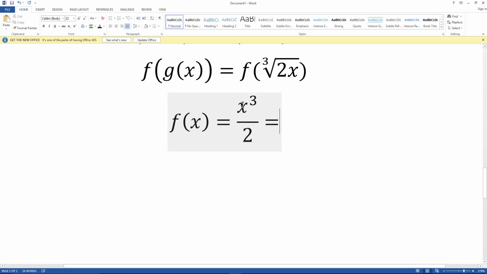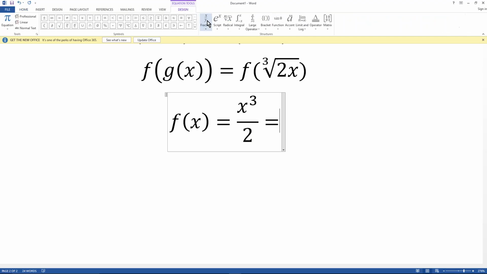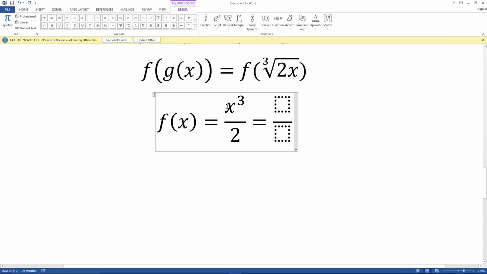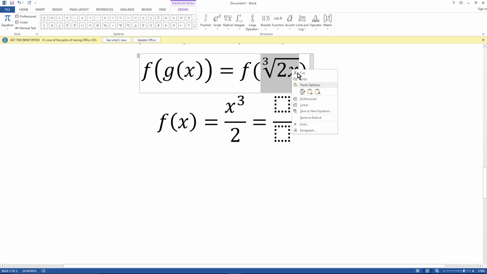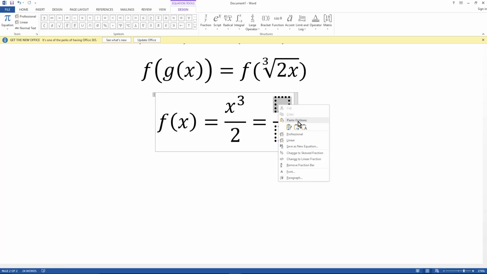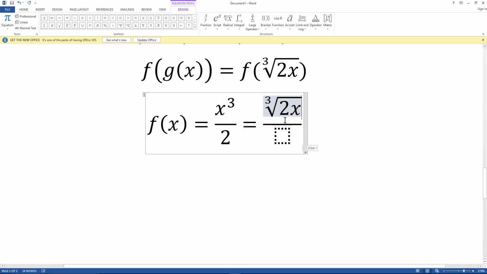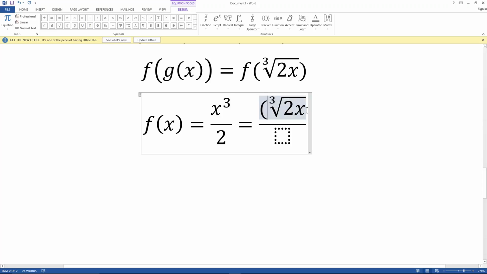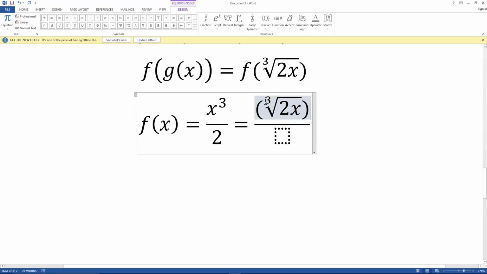I'm going to type in instead of x all of that, the cube root of 2x. But all of that has to be raised to what power? The third. So do y'all see?